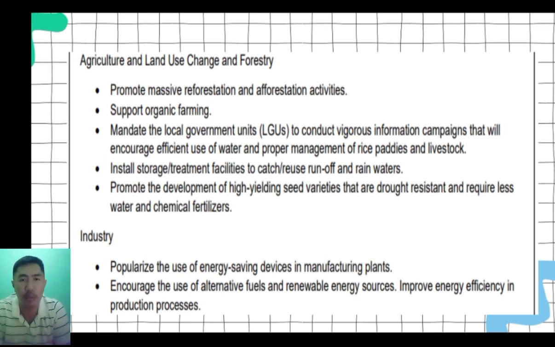Not only that, fuels create smoke. So what will happen? It will affect our environment because of the smoke, the gases coming out of the machine. So yeah, that's all our discussion.